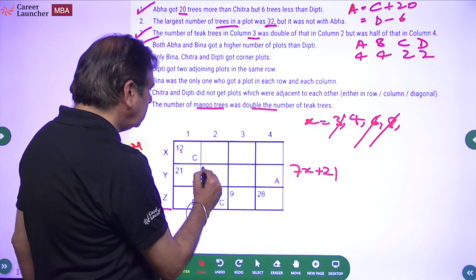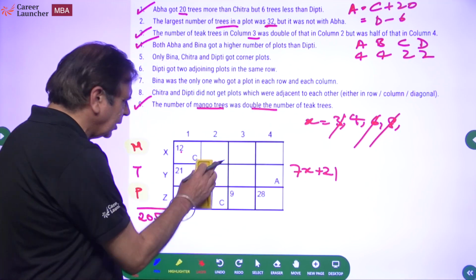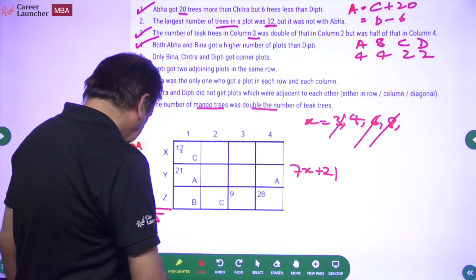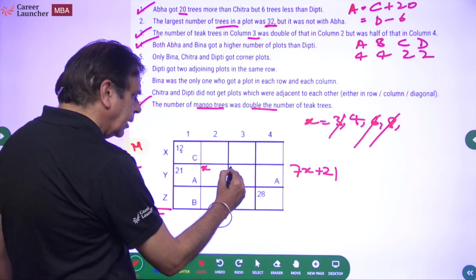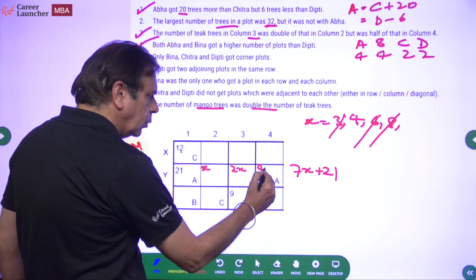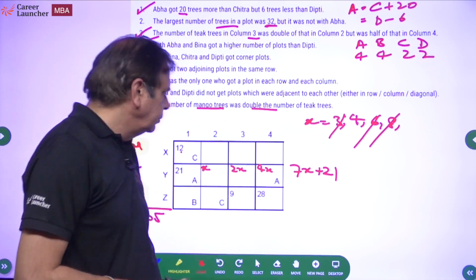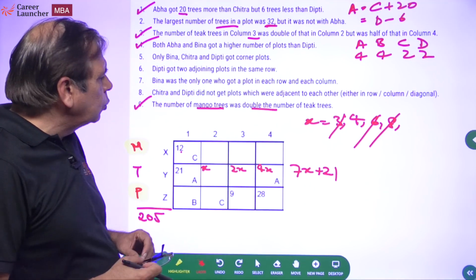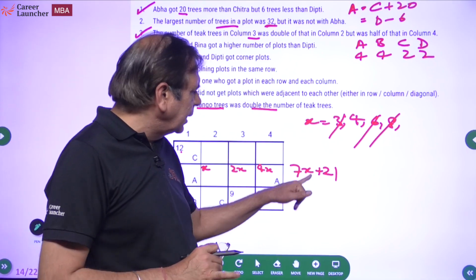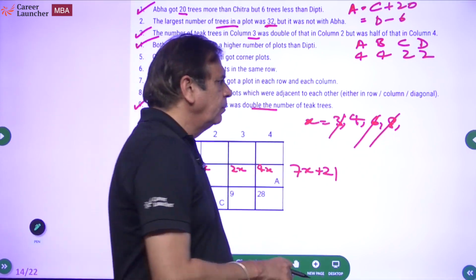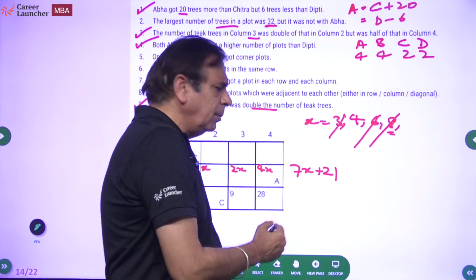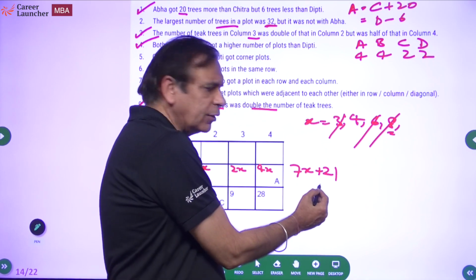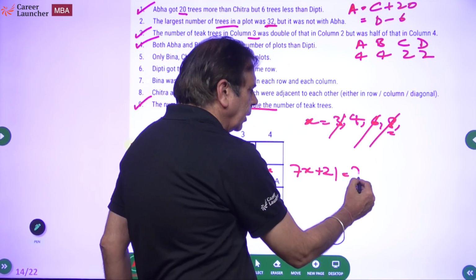Okay, what was this? This was x. I'll just write it down again: x, 2x, and 4x. Now, the total number of trees is 205. Let me say hypothetically x is 8. If x is 8, what will this become? 8 sevens are 56. 56 plus 21, 77.